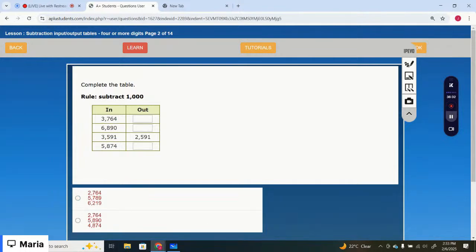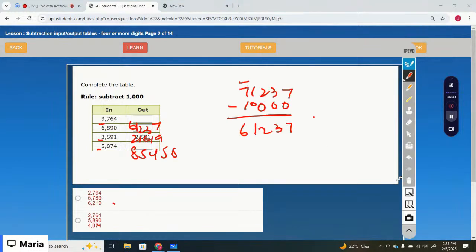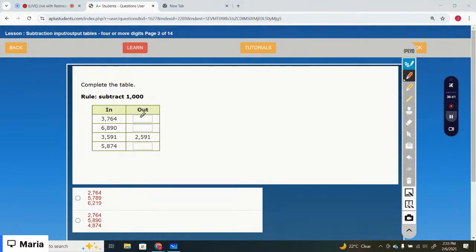Complete the table. You have to subtract 1,000. So only the digit that is at the thousands position is decreased by one. So you have 3. 3 minus 1 is 2, 2,764. 6 minus 1 is 5, 5,890. 5 minus 1, that is 4,874.